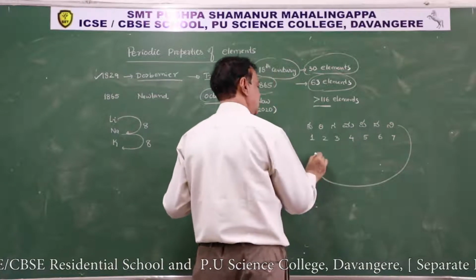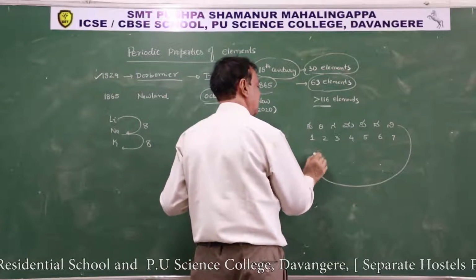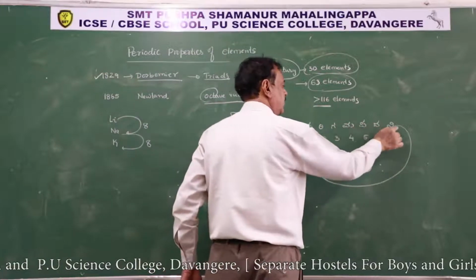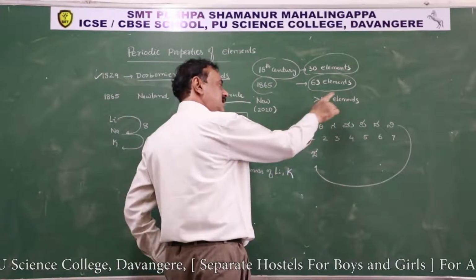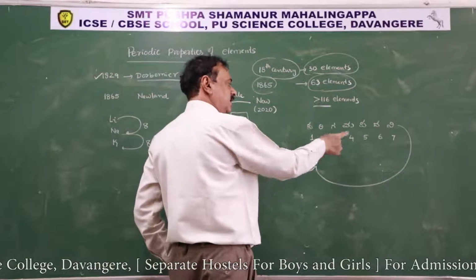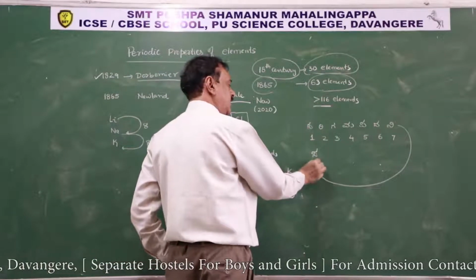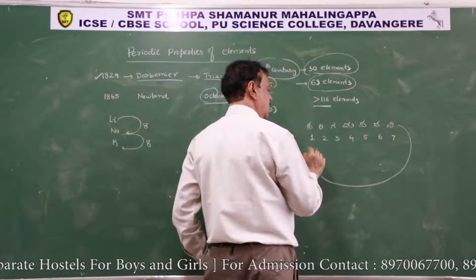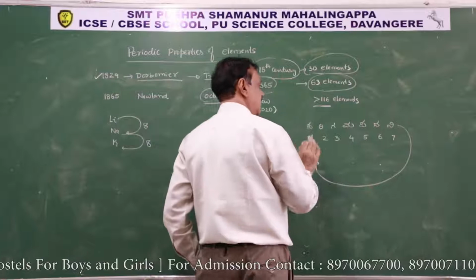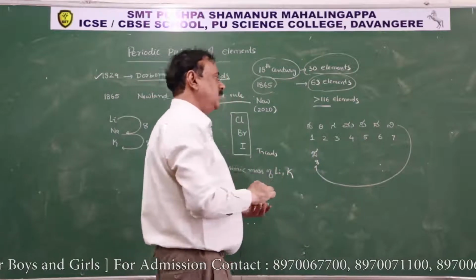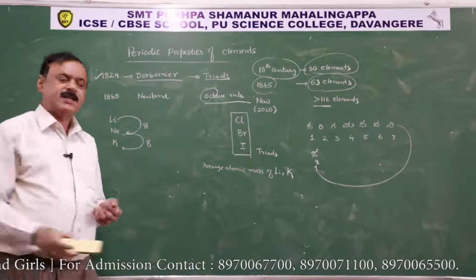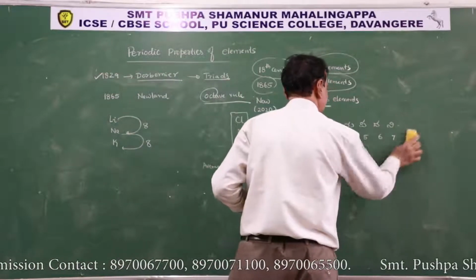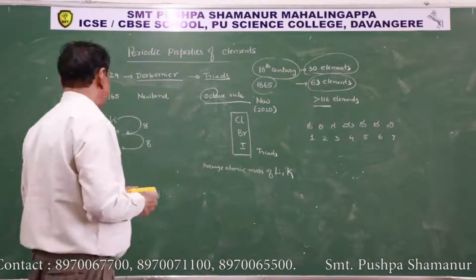Then again Sa repeats after the 7th element. Therefore, this 8th element possesses the same properties. In the form Sa Ri Ga Ma Pa Da Ni Sa, the different elements were organized.